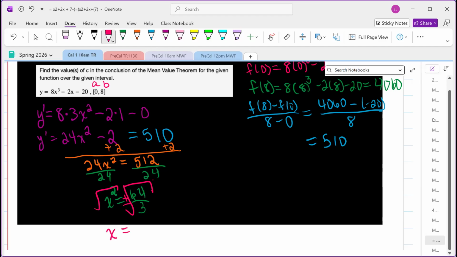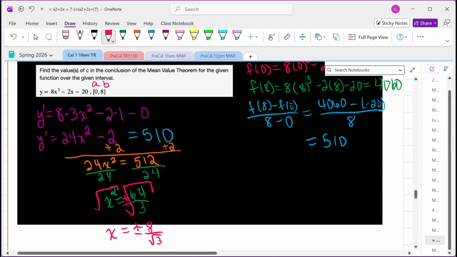So on top, the square root of 64 is 8. The bottom can just stay the square root of 3. So we've got plus or minus 8 over the square root of 3. So those are the two places where the slope is 510.